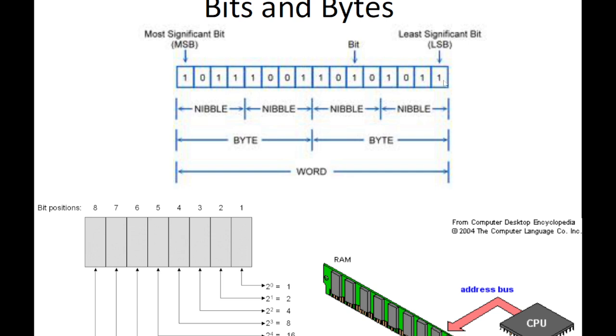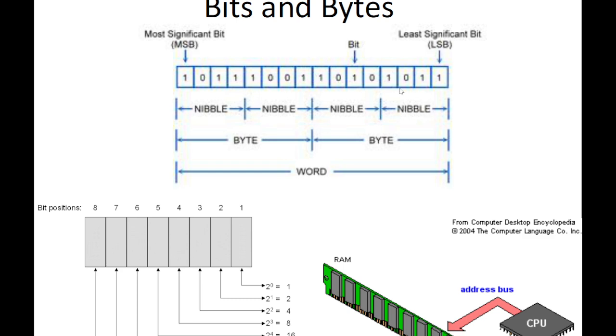This location is only 1 bit, and the value inside the bit can be 1 or 0. This is also called the least significant bit. Another bit, another bit, another bit. So 4 bits together make a nibble.